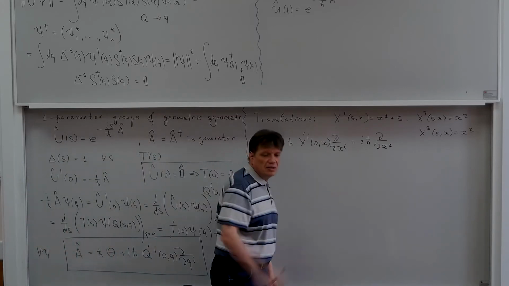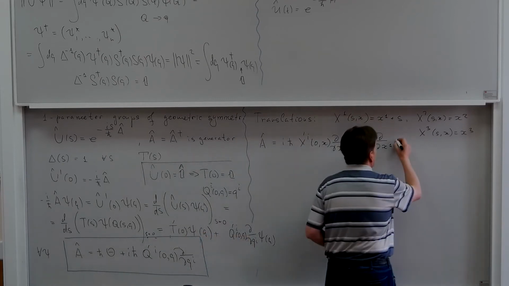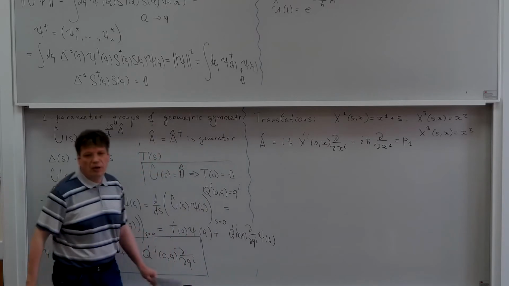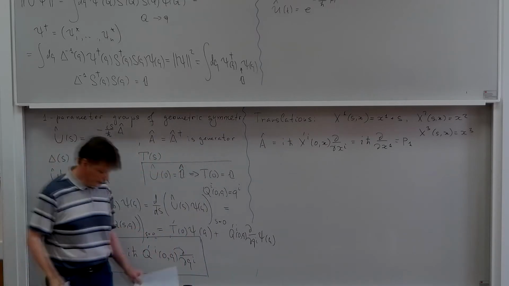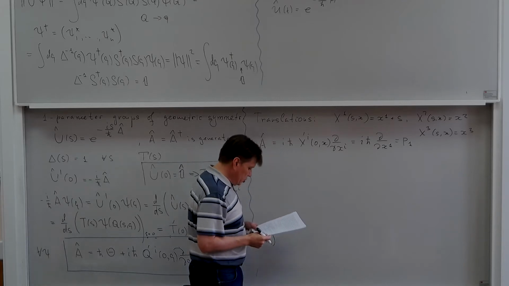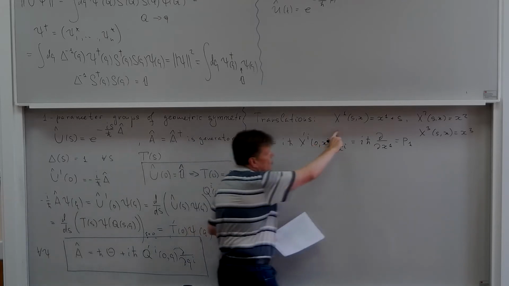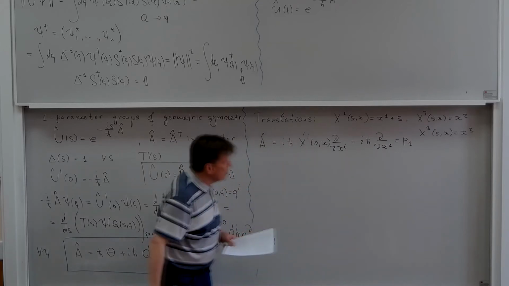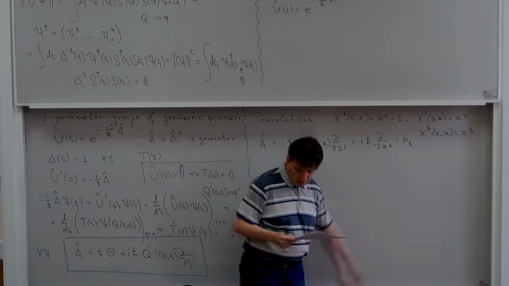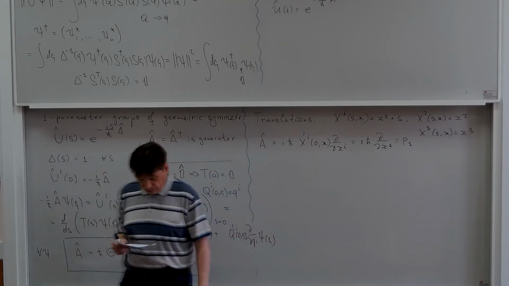But this is nothing else but the first component of the momentum operator, right? Hence we see that the translations of the first coordinate x1 are generated by the first component of the linear momentum.